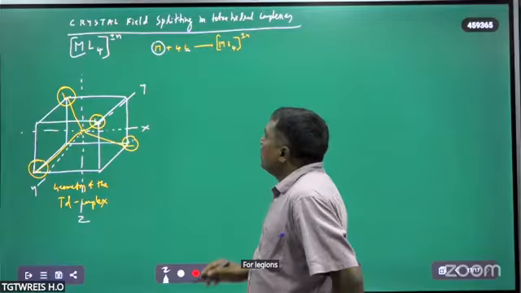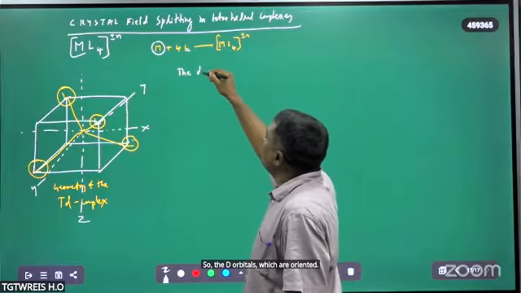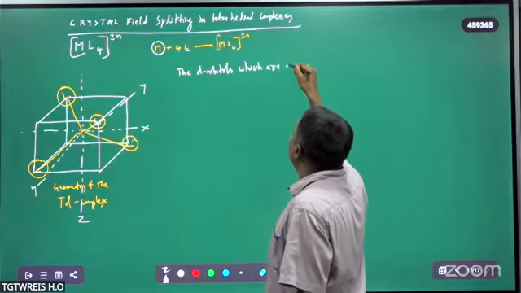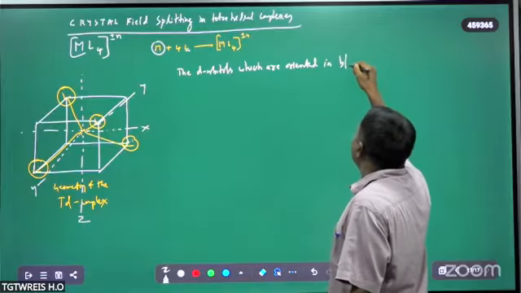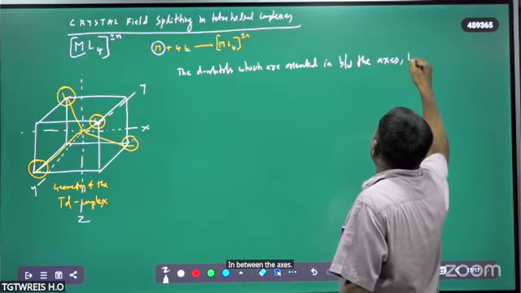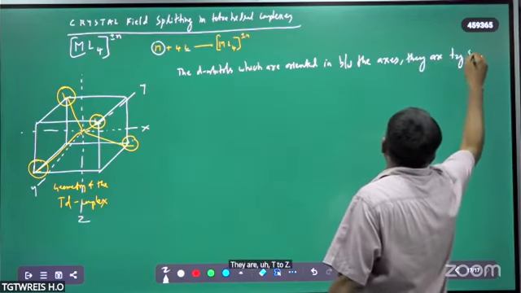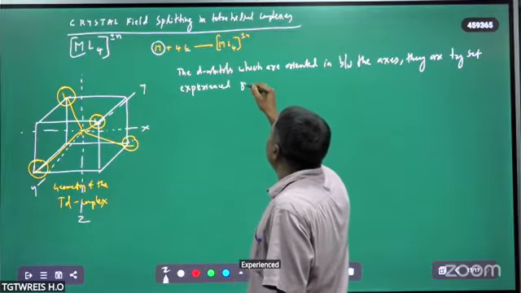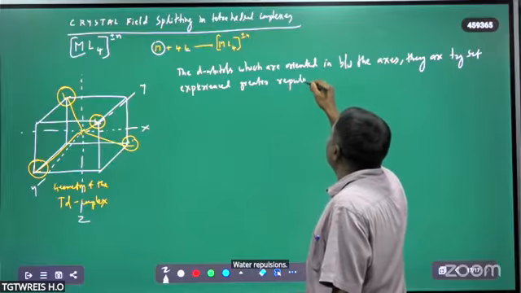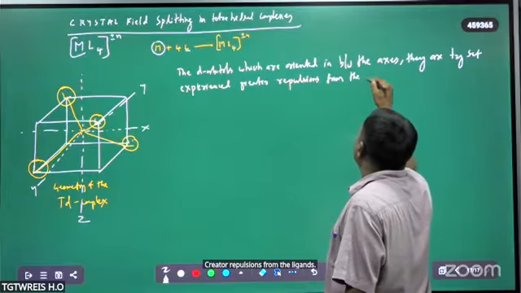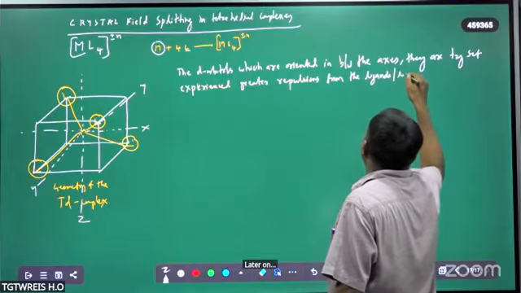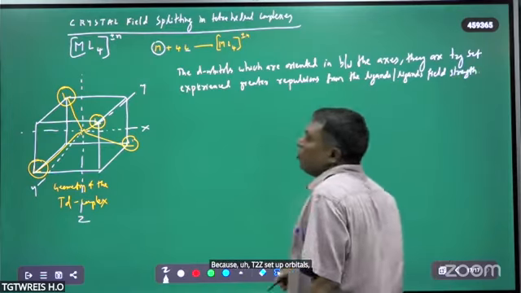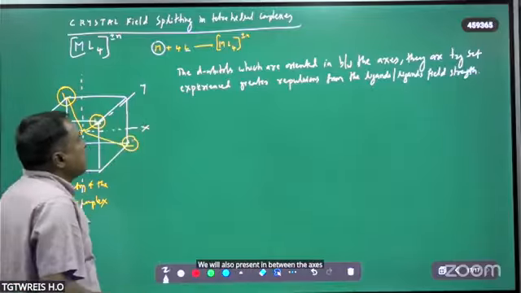The d orbitals which are oriented in between the axes, they are the T2g set. They experience greater repulsions from the ligands or ligand field strengths, because the T2g set of orbitals have their lobes present in between the axes.